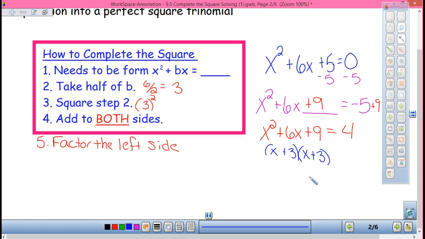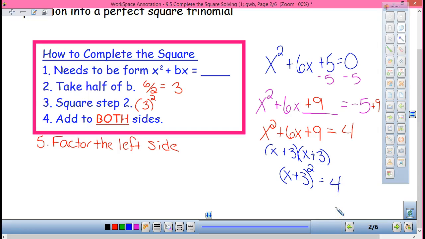So it's two the same, so how do I write that? Yeah, so we're actually going to write this as x plus 3 squared. Now all of them that we do from now on, you can skip this step, because this is how they're going to look every single time. Equals 4.